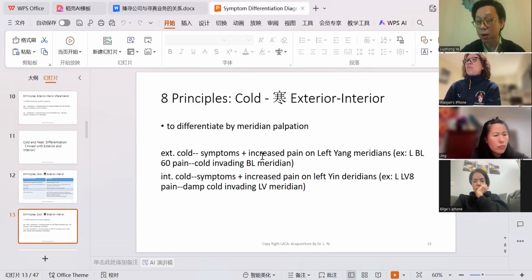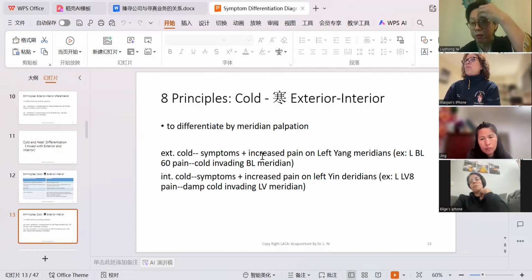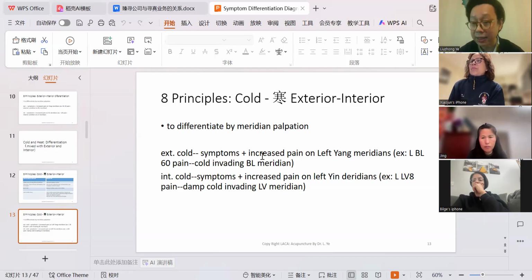So if you had the flu nowadays with a headache, particularly on the left side, feeling more painful in the forehead here, and then you check the bladder meridian, bladder 60 on the left side, and the sensitivity is raised, you know, okay, this headache, although it's called a Yangming headache, is actually caused by bladder cold. It's not purely a Yangming, it's called a Taiyang headache.